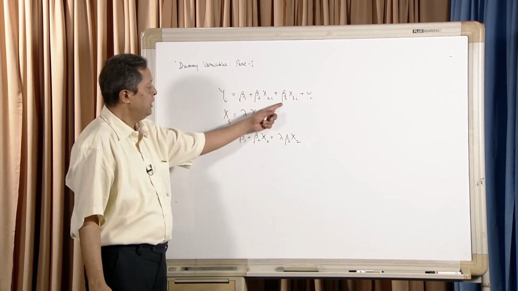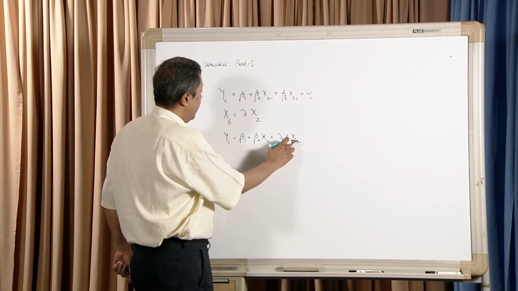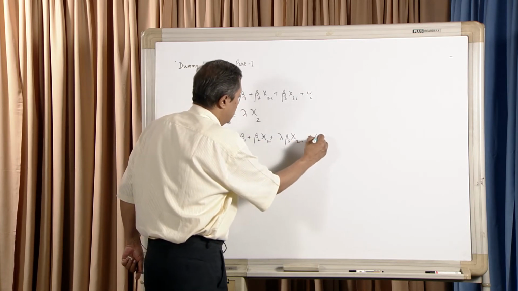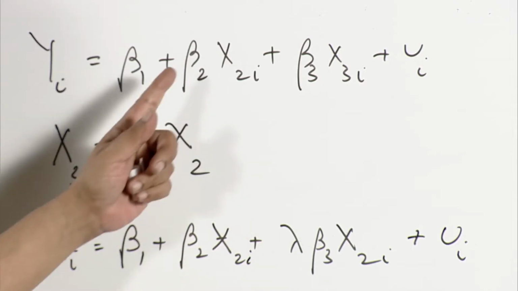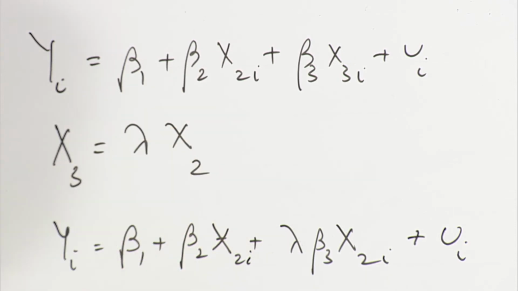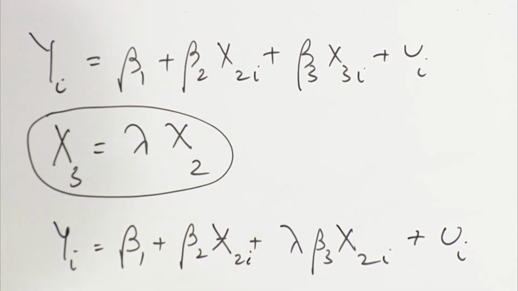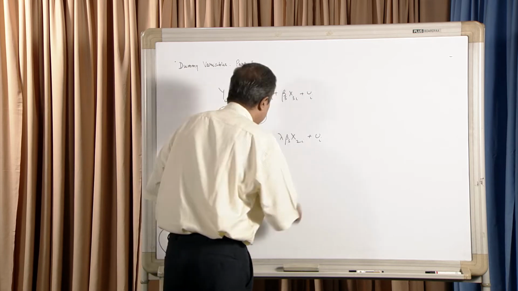So, x3 becomes lambda x2, and therefore, we actually get a model with only two explanatory variables. So, we cannot estimate beta 2 and beta 3 separately if we have perfect collinearity or multi-collinearity.